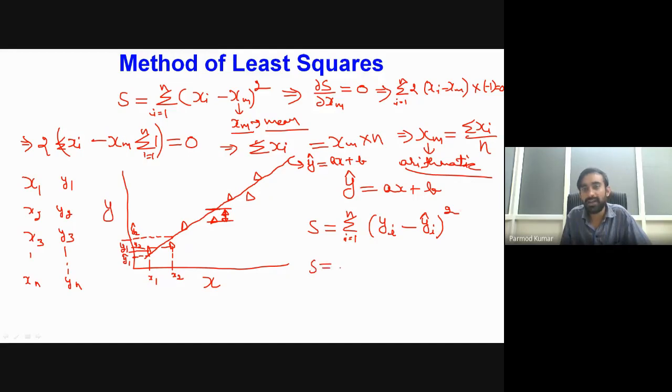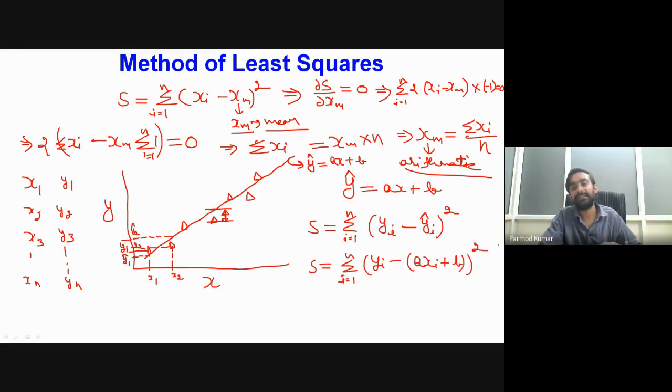Now this y cap i is nothing but what I have just defined using a linear fit, so I can simply write it as a times xi plus b, and the whole square of this. Okay, so you can clearly see that we are linearly fitting the line, and we have defined over here the deviations and the square of deviations, and then we have done the summation in order to define the sum of least squares.